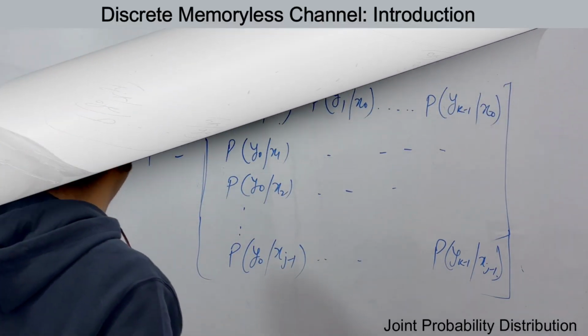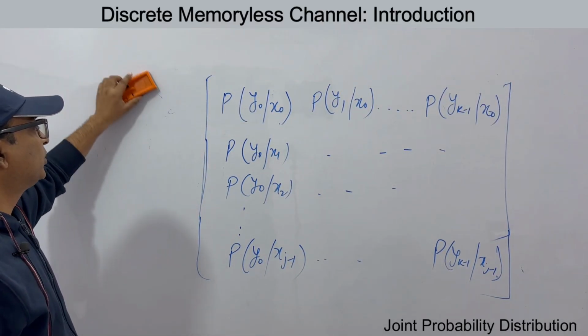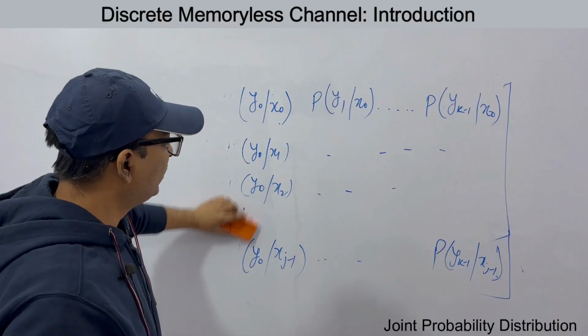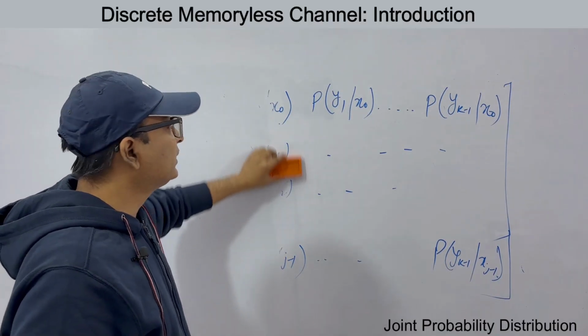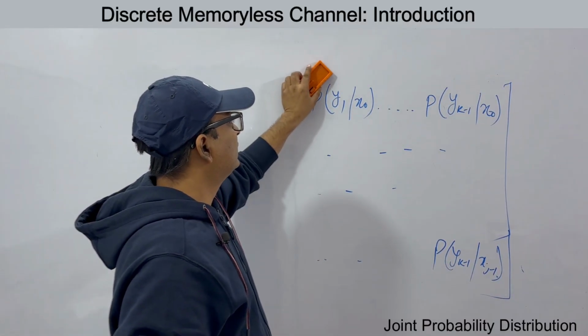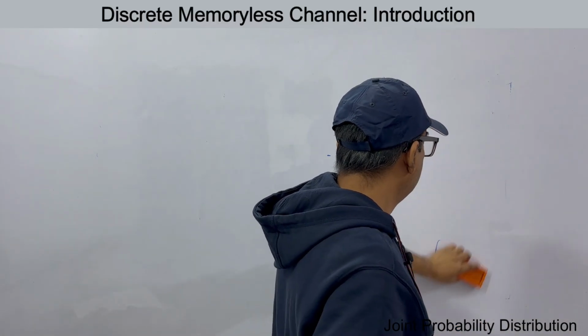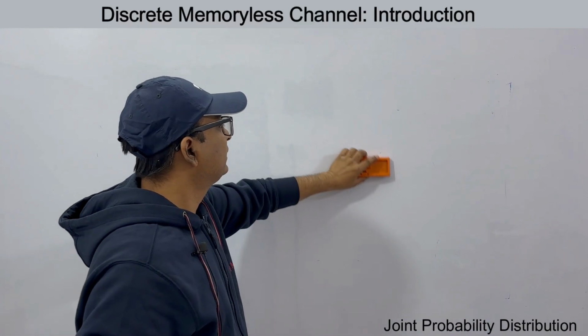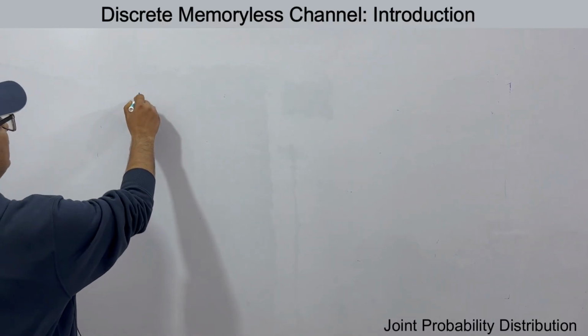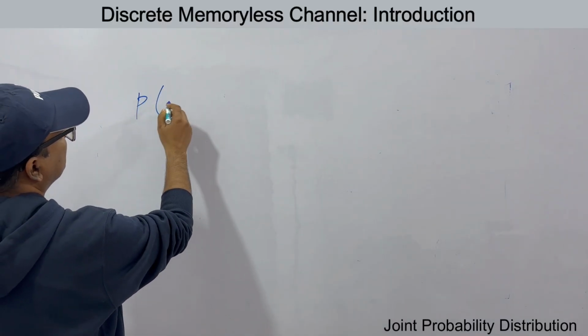Okay. Now there is a term called joint probability distribution because X and Y both are random variables. So there is a term called joint probability distribution. You must have studied this. If not, just try to understand this. It is represented like this.